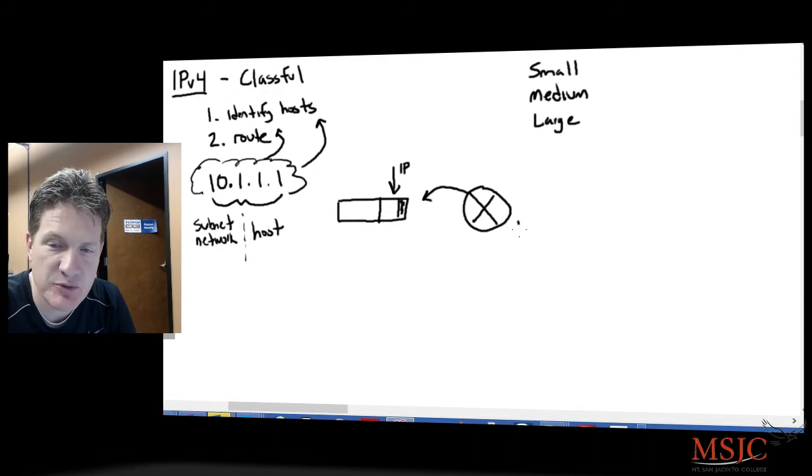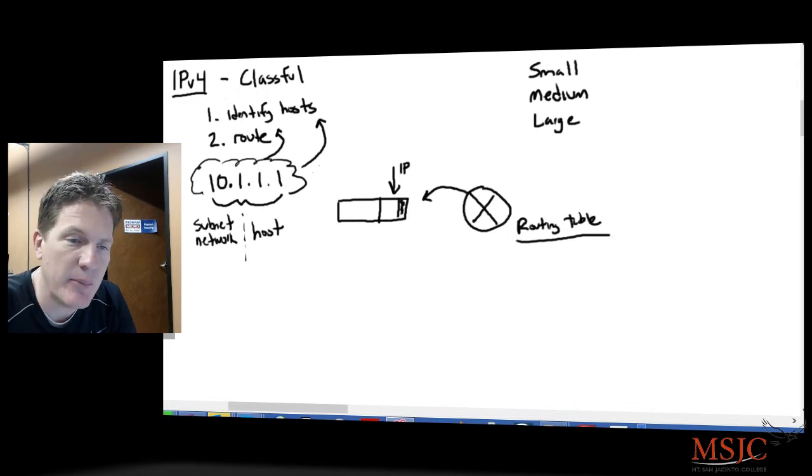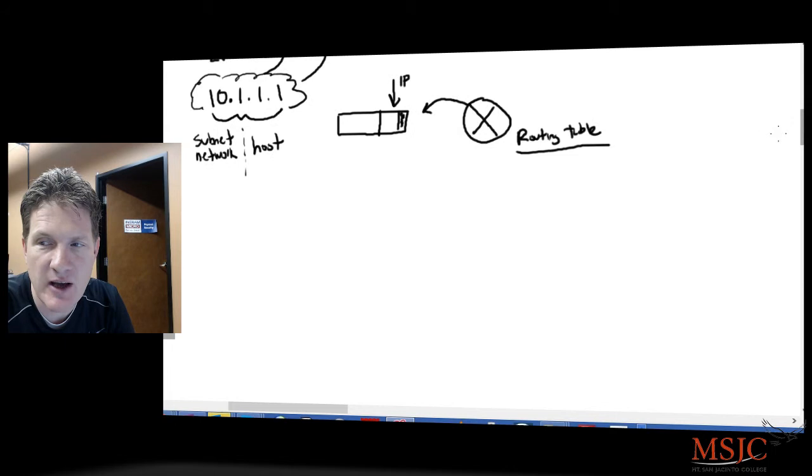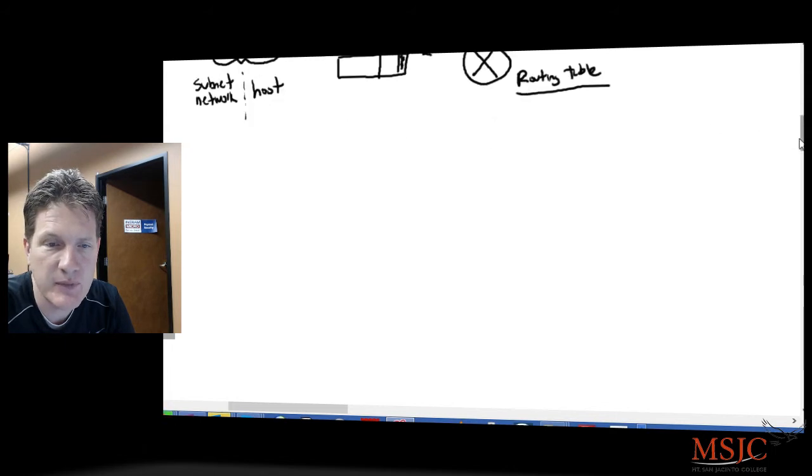It made those decisions by consulting a routing table. So it had to be able to look at this address and determine what is the network ID or what is the subnet ID. It did that in a very simple fashion, and I'm going to now explain what that is.